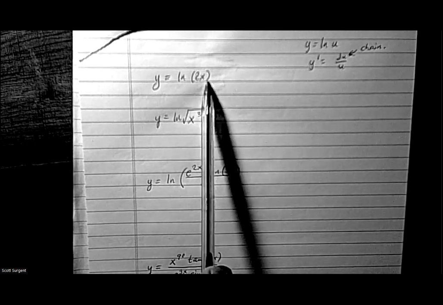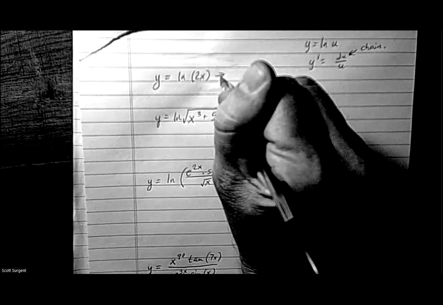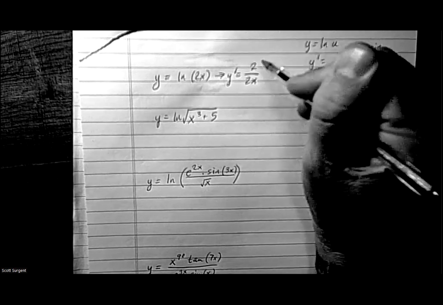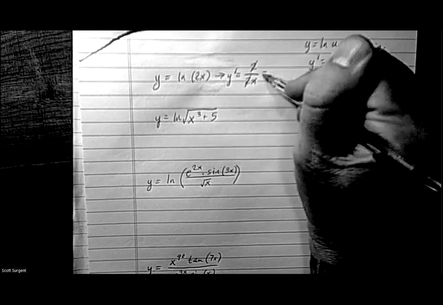Then the derivative is going to be du over u, where the du represents the chain rule. You put the argument into the denominator and then its derivative on top. In this first case, we just put 2x on the bottom, and then I'll put the derivative on top. Well, the 2's cancel, so you just get 1 over x.